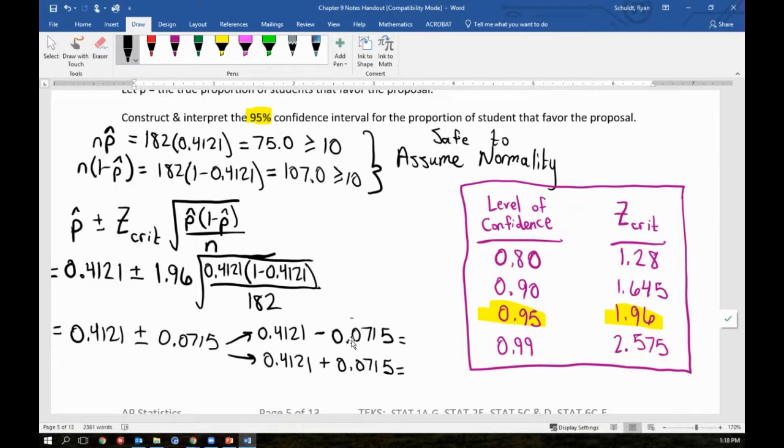When you subtract them, what would you get? 0.3406. When you add them, what do you get? 0.4836. Okay, so there's our interval.